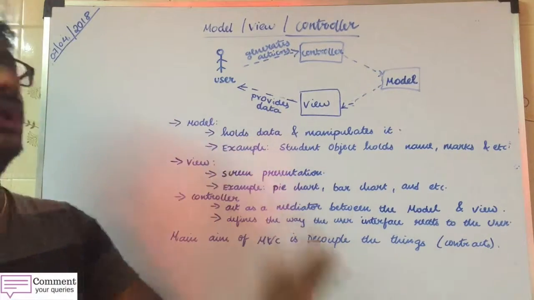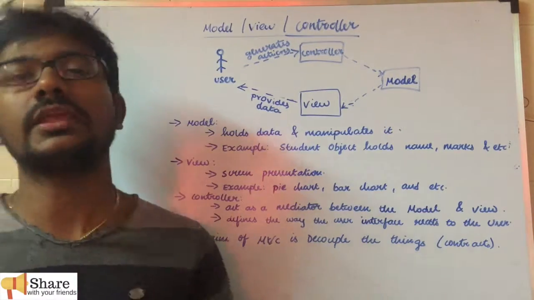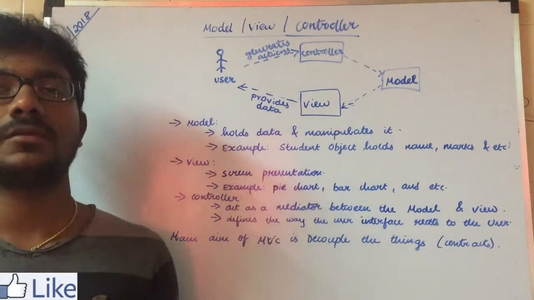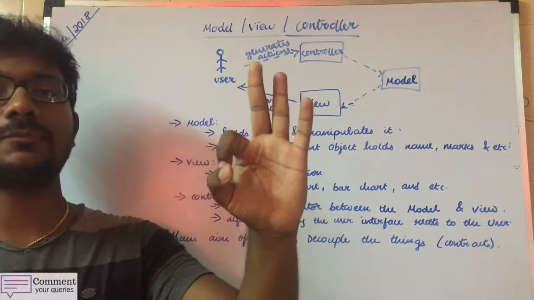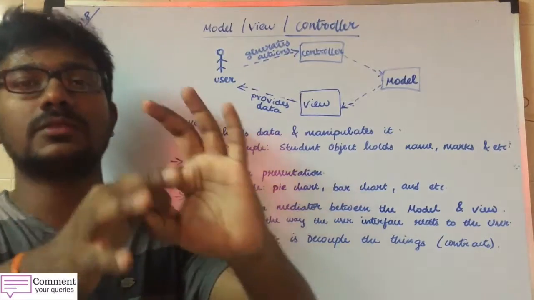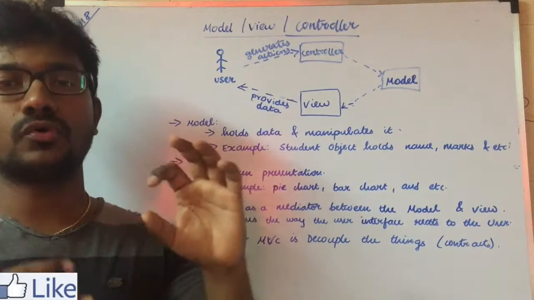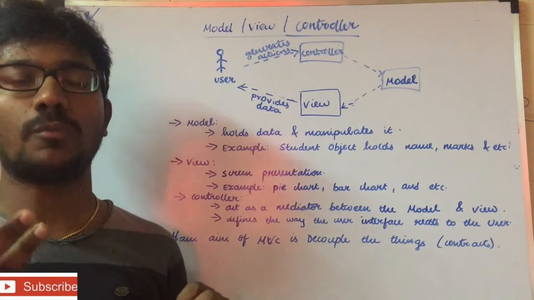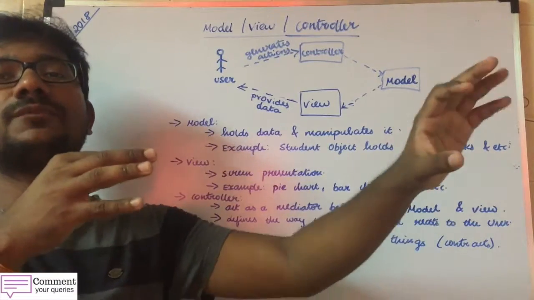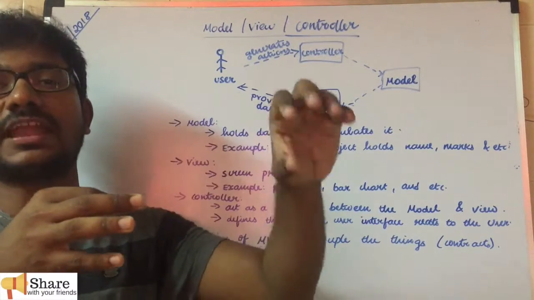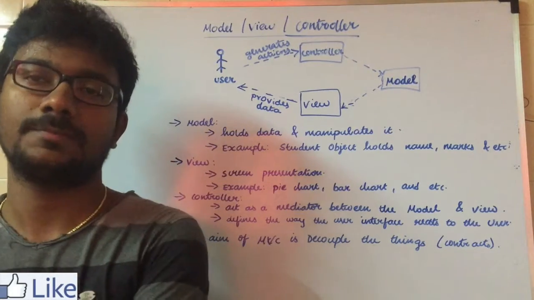So the main aim of model view controller is to decouple things. Consider a train. For each train there would be n number of compartments. One compartment is linked with another compartment with some iron rings. If there is any problem in a compartment, then we can easily decouple that compartment and attach a new compartment to the existing compartments. That's the power of decoupling.